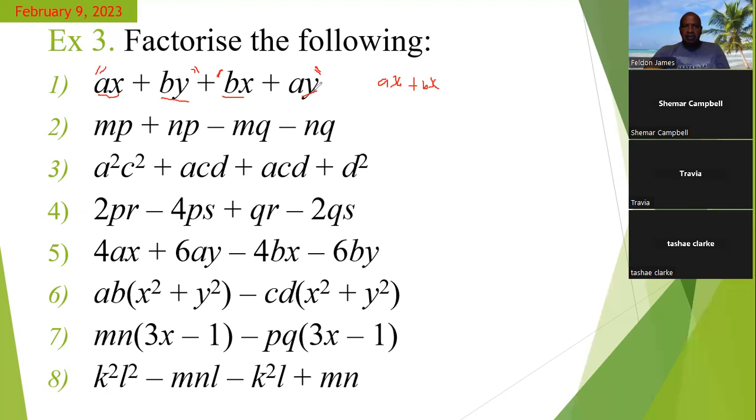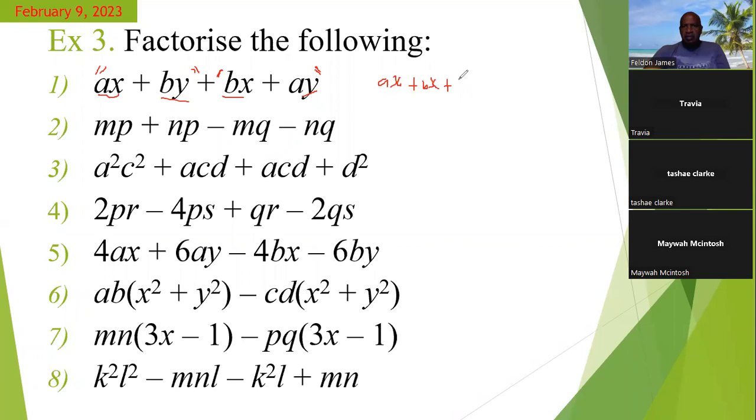But we want to arrange it in a similar order as the ones with X, so we put AY first, followed by BY.